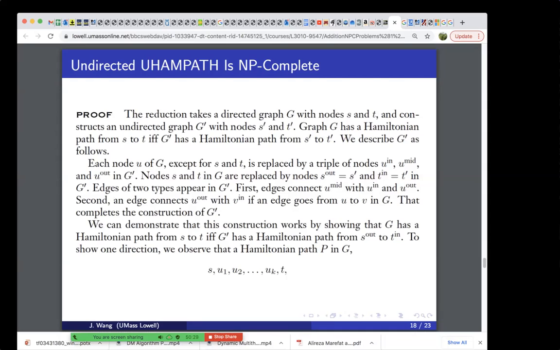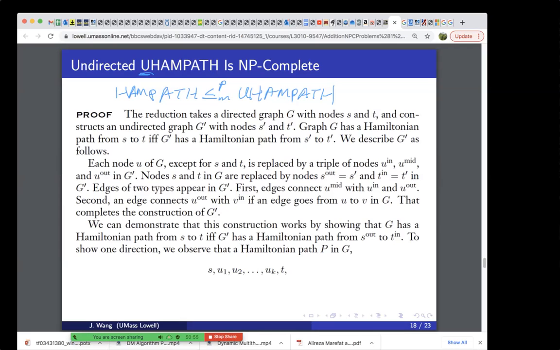Now U means undirected here. So we are going to reduce Ham path to U Ham path. Okay.